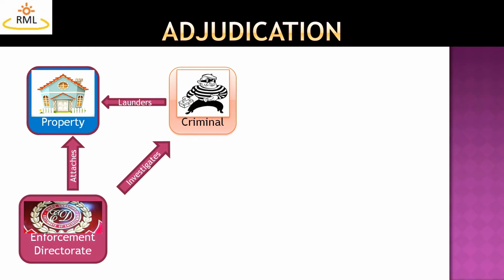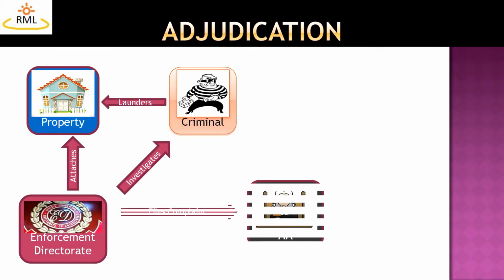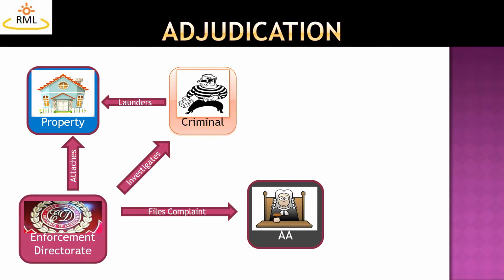Once ED has made such an order, it will, within 30 days of issuing such order, submit a formal complaint along with all relied upon documents to the Adjudicating Authority. This complaint is called the Original Complaint or OC. It is to be noted that ED can attach such properties even if such property has changed hands, and ED feels that the current owner is involved in helping out the money laundering activities or is just a front face for the accused.